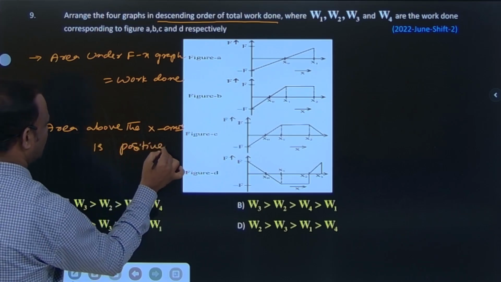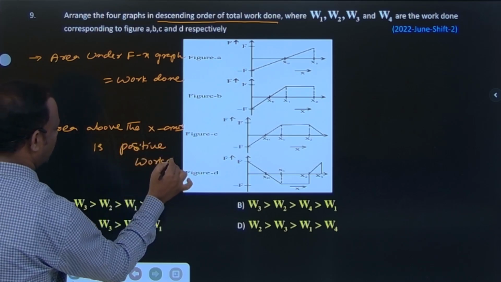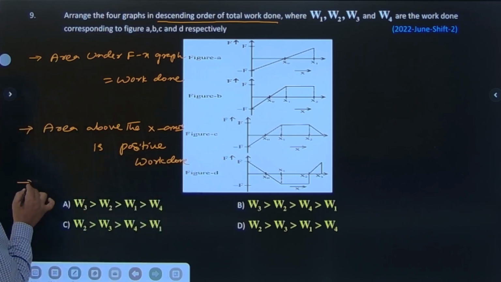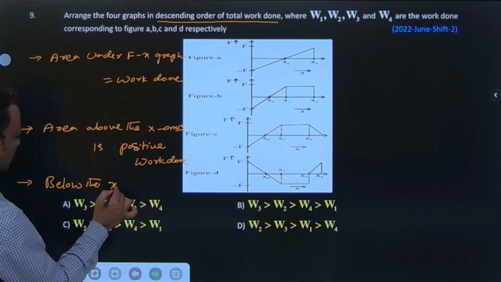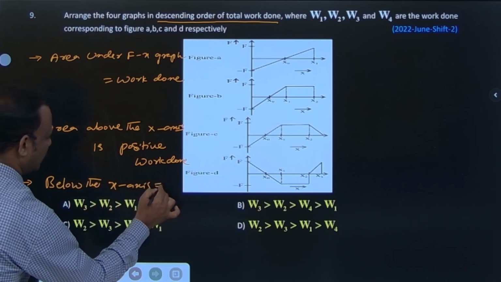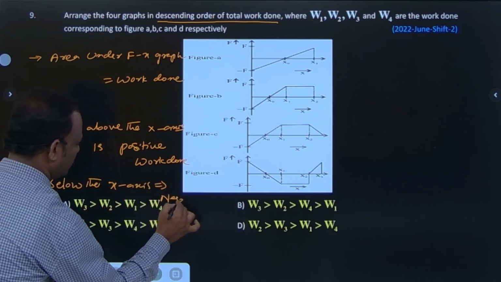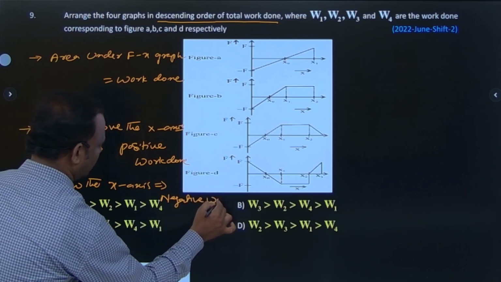Next, the area below the x-axis is taken as negative work done.